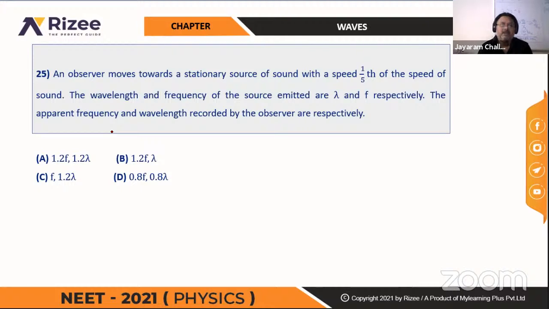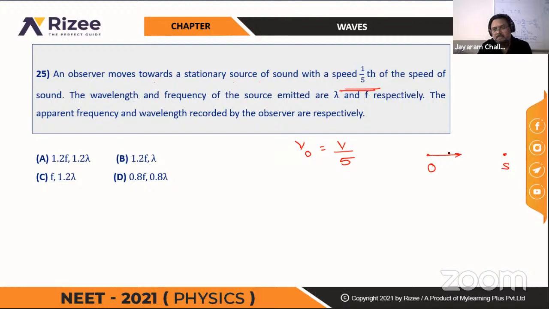Next one, an observer moves towards a stationary source with a speed of 1 by 5. That means velocity of the observer is equal to velocity of the sound by 5 times. The apparent frequency and the wavelength recorded by the observer is how much? So the observer is moving towards the stationary source. Observer is here, source is here, stationary source.